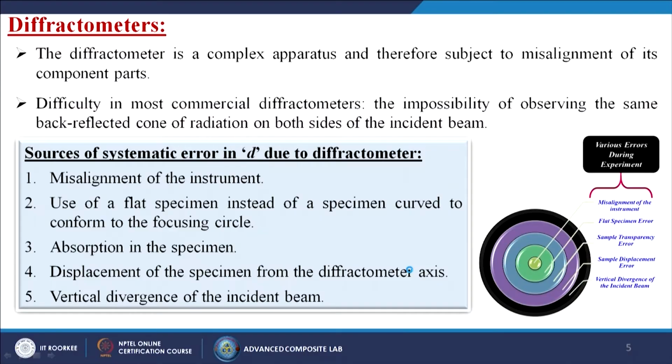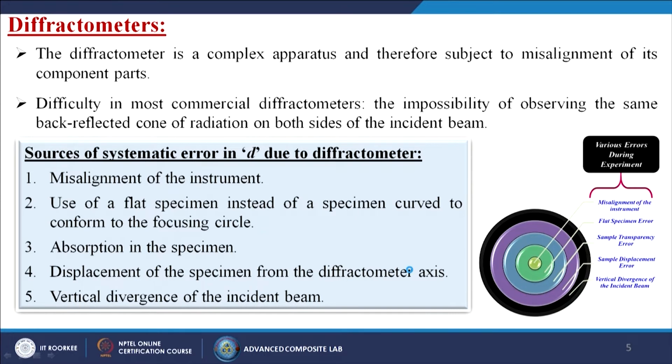Then we are going to discuss diffractometers. The diffractometer is a complex apparatus and therefore subject to misalignment of its component parts. A difficulty in most commercial diffractometers is the impossibility of observing the same back reflected cone of radiation on both sides of the incident beam. There are several sources of systematic error in a diffractometer. What are those?